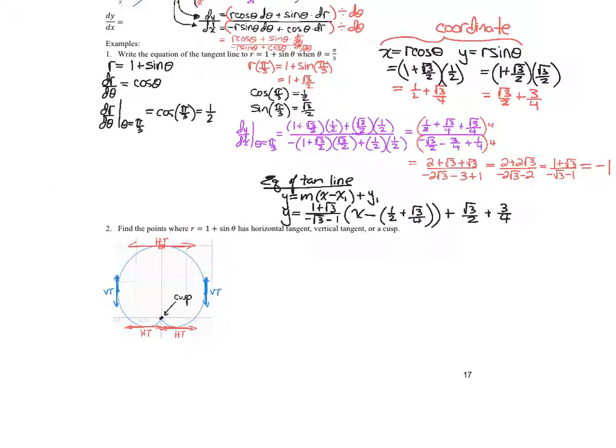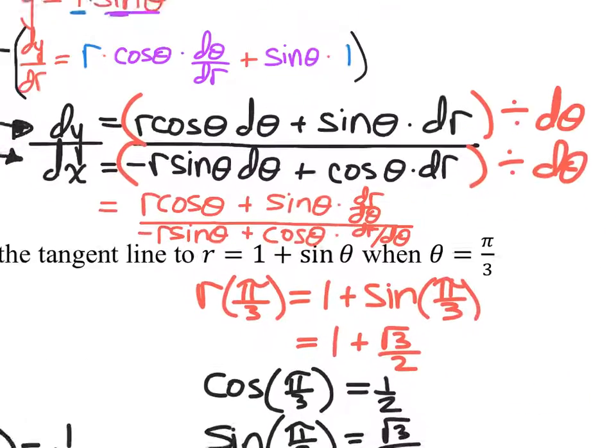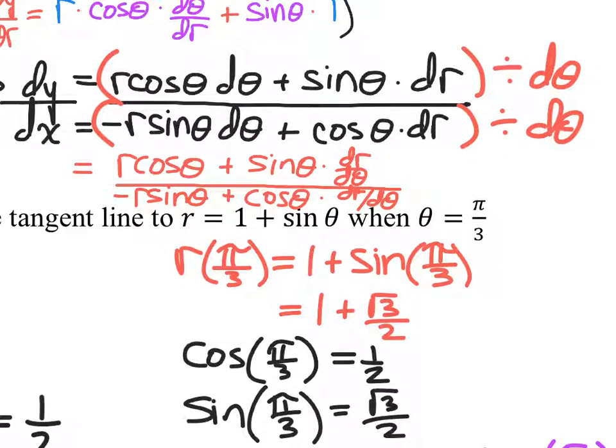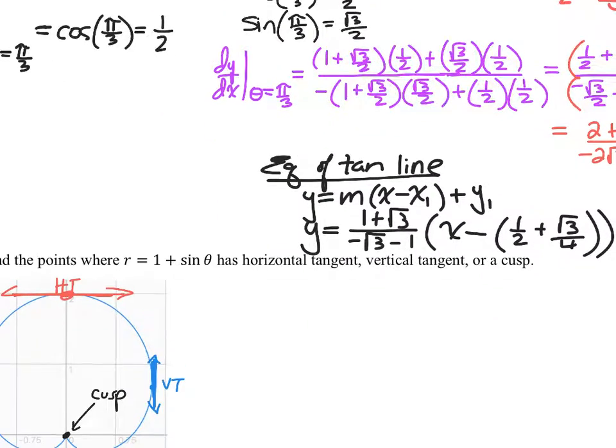So we got our nice formula up here, r cosine theta plus sine theta dr d theta. The critically important ingredient would be the dr d theta, so we have to get that. Now, we already had it. dr d theta was equal to cosine theta.